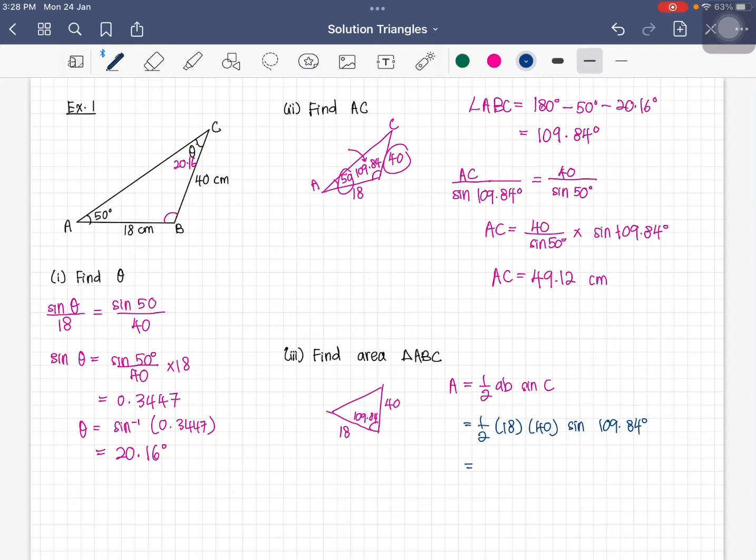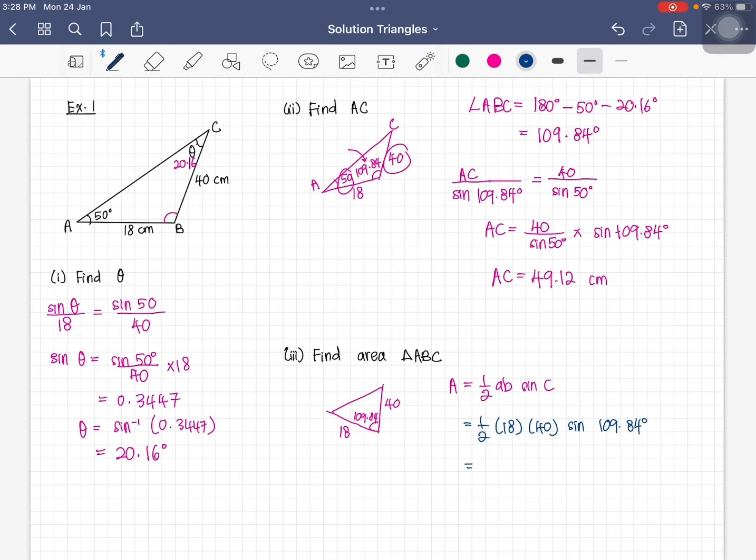The area is given by 338.63. But let me check with the other side: half multiplied by 18 multiplied by 49.12 times sine of 50.